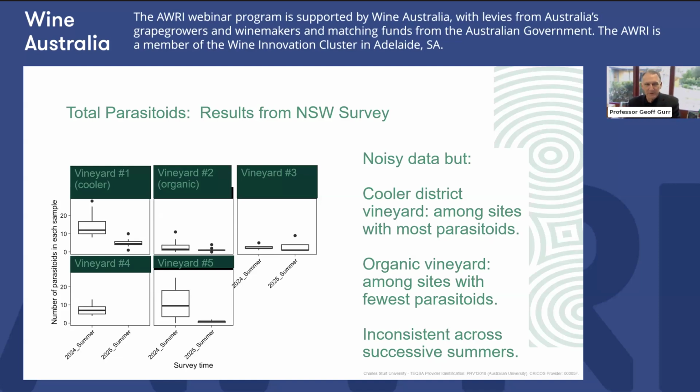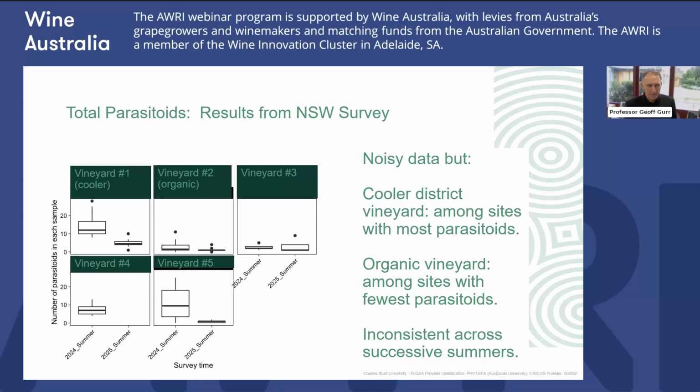Now, because we found low numbers of scale insect specific parasitoids in our study, certainly too few to do any kind of fancy statistical analyses with, what I'm going to show you here is a zoomed out view. This is the total parasitoid.